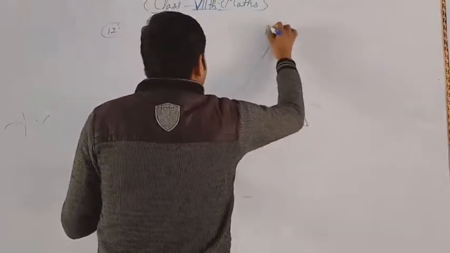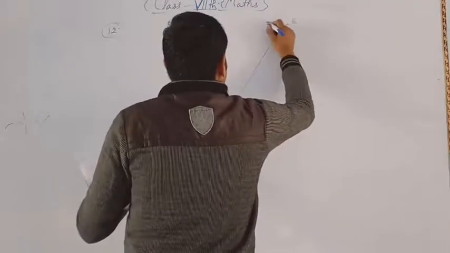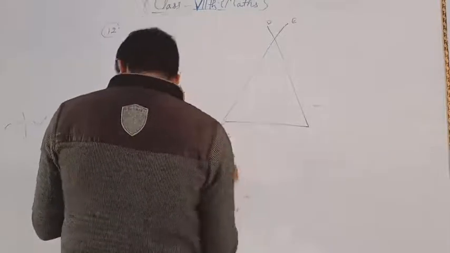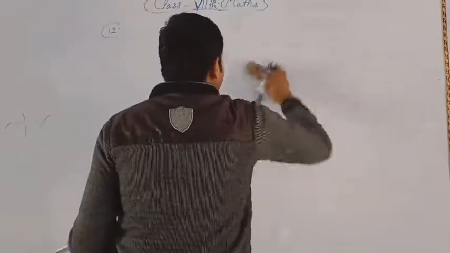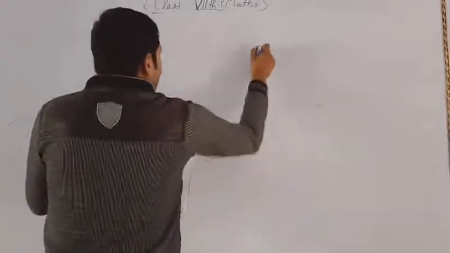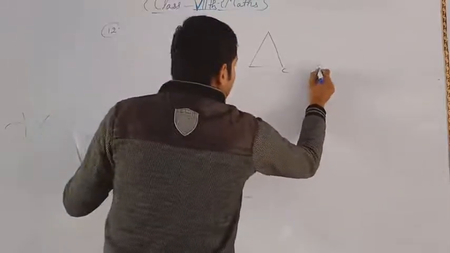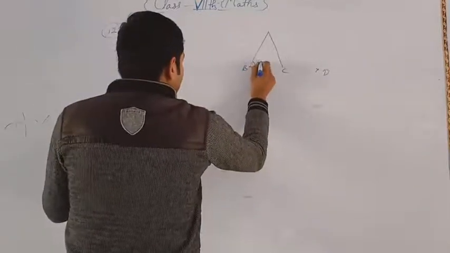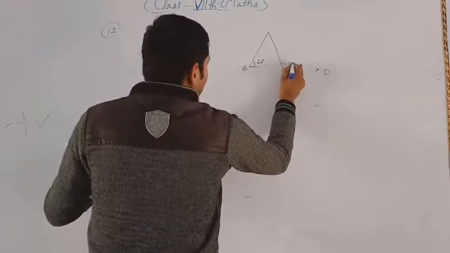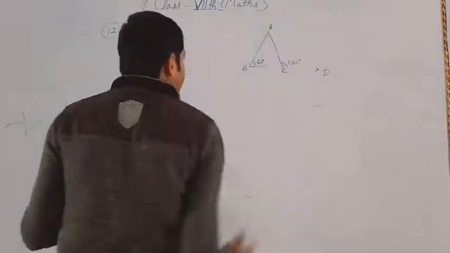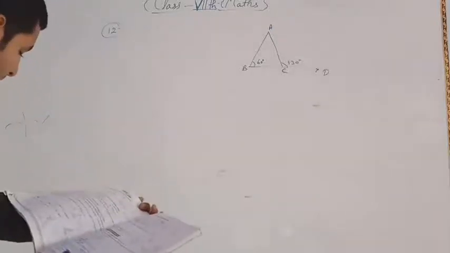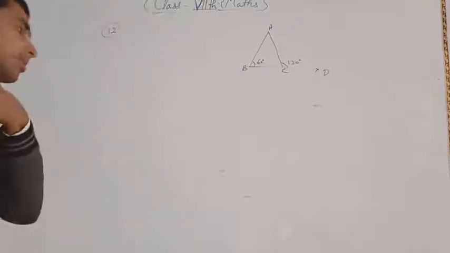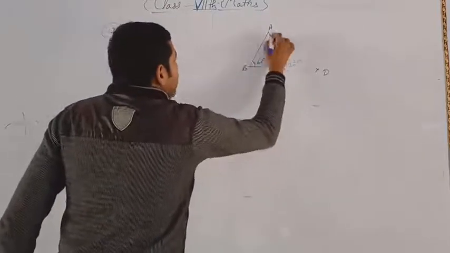Here this is point E, this is point B. We have to draw figure A. This is point C, this is point D, this point B is 60 degrees, this is 130 degrees, and this is A. So from here we have to find angle BAC.